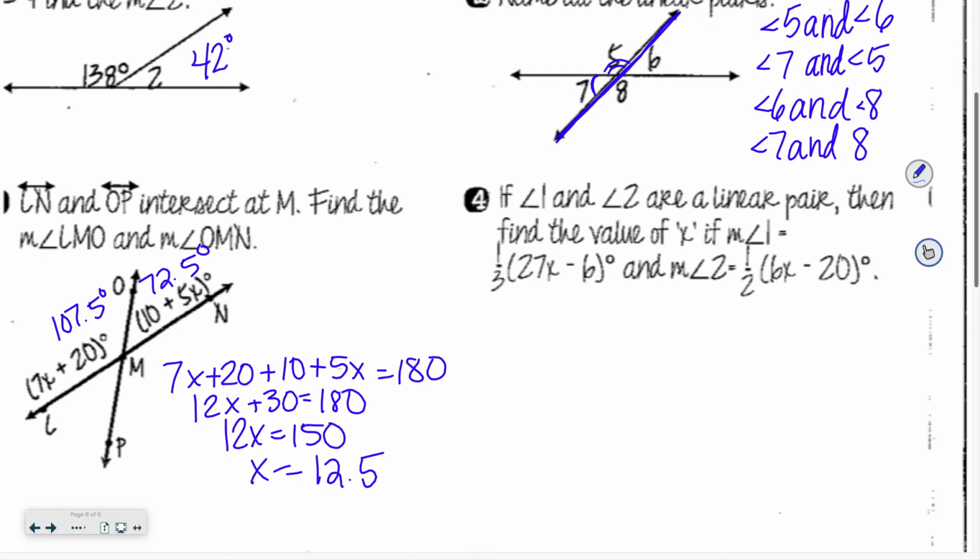So if you would like, go ahead and make this 9x minus 2 and this 3x minus 10 before you add them together. So 9x minus 2 plus 3x minus 10 equals 180.